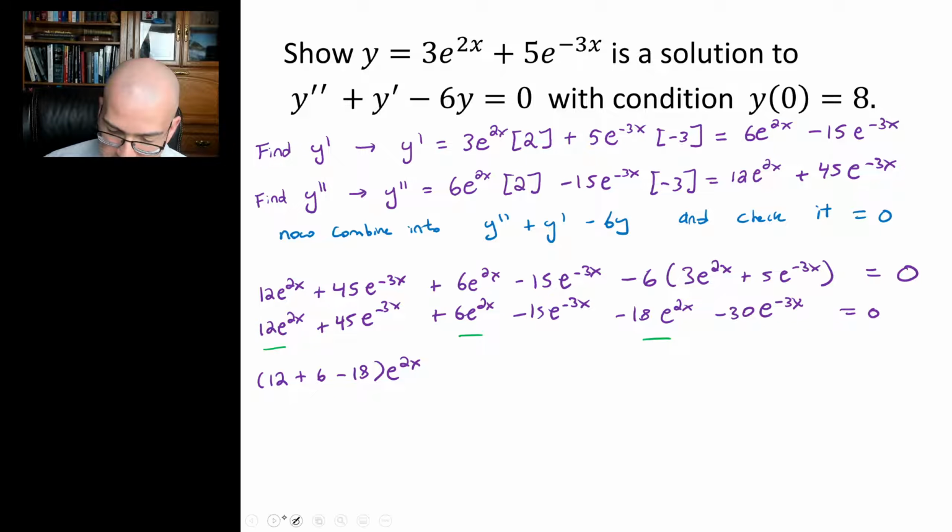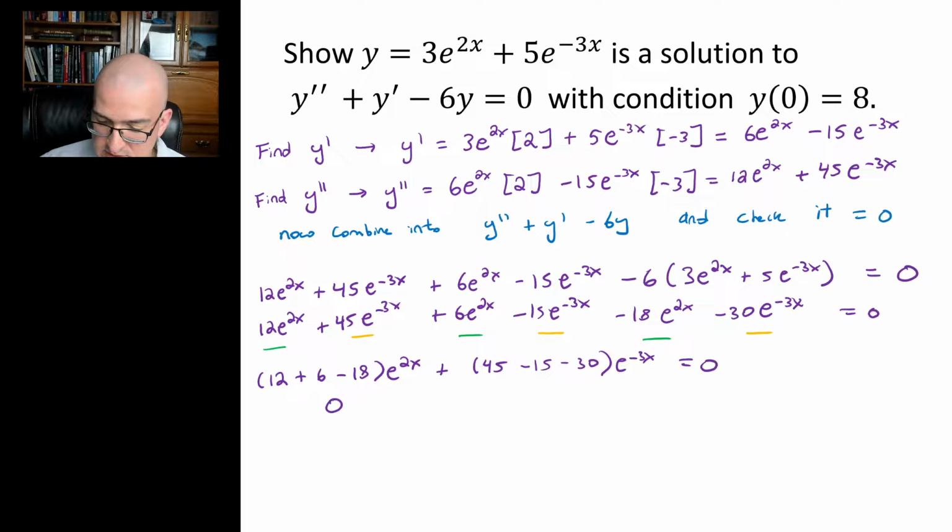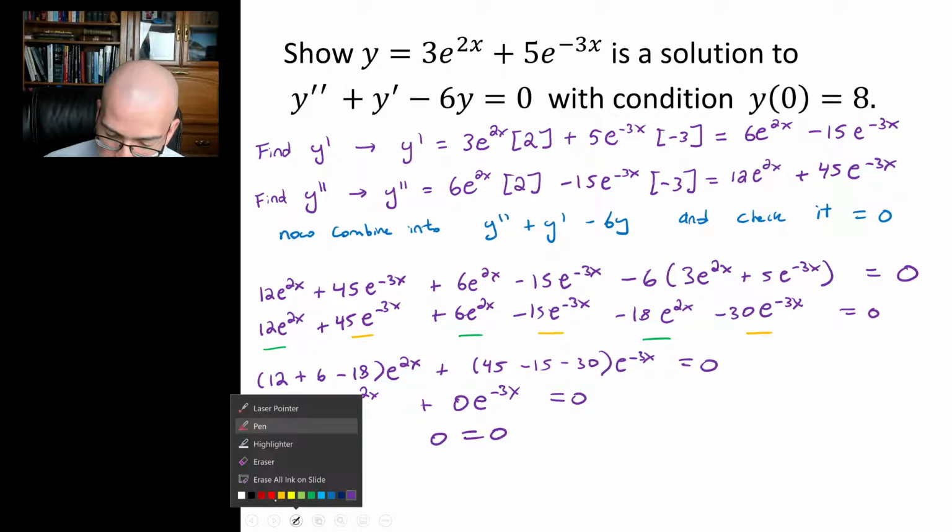And now we have the e to the negative 3x terms, plus 45 minus 15 minus 30 e to the negative 3x is equal to 0. And we get 0 times e to the 2x plus 0 times e to the negative 3x is equal to 0. We get 0 is equal to 0, which is true.